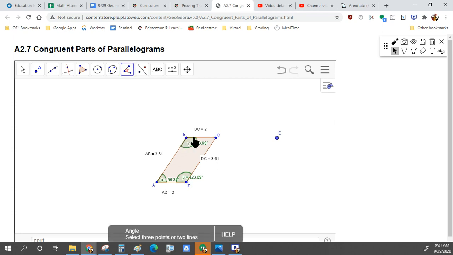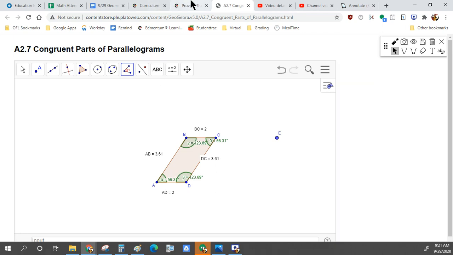Oh my gosh, I'm sorry, guys. I don't know why it's giving me such a hard time right now. There we go. All of that just to say that our opposite angles are going to end up being congruent.